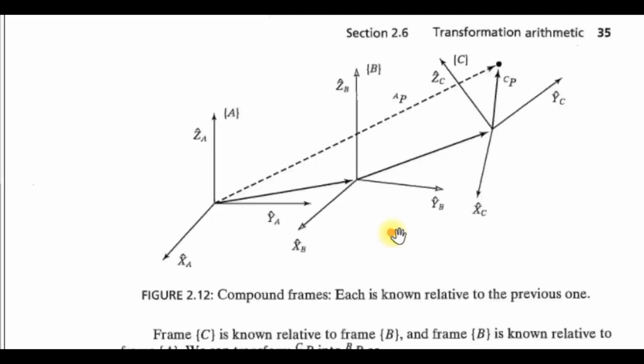If it rotates about the x axis, you take R x theta, R x alpha, or if it is y, then R y phi, or R z theta. By multiplying the rotation matrices, you are able to calculate this value.